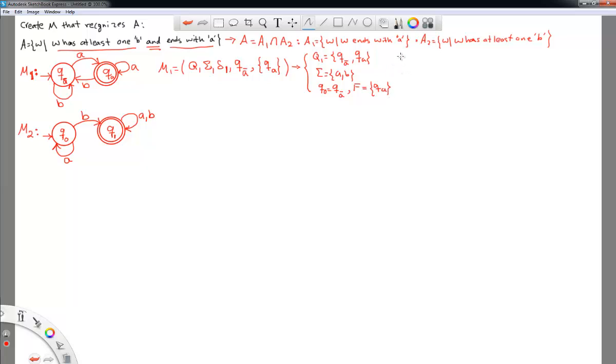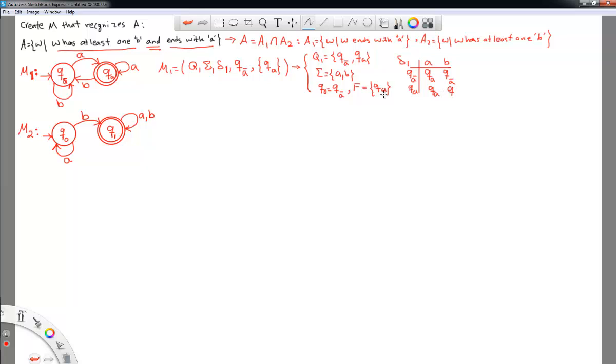And now to its delta, delta sub 1 is from the states Q of not A, Q of A, and letters A and B. If I'm in Q of not A and I see an A, I go to Q sub A. If I'm in Q not A and I see a B, then I stay in Q not A. If I'm in Q A and I see an A, I'm going to stay there.